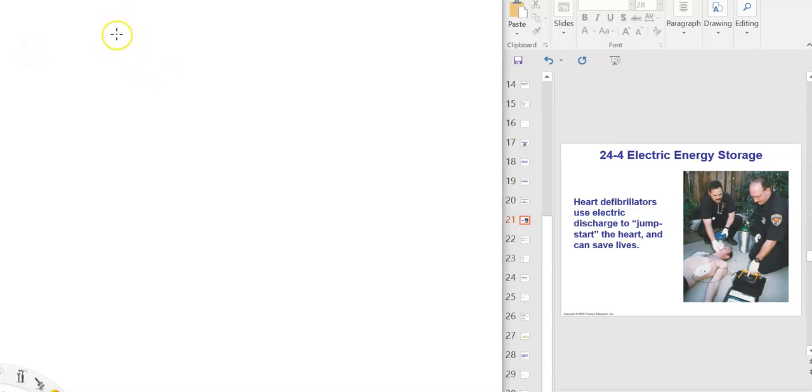The parallel plate capacitor, and to find the capacitance we use this equation: epsilon naught A over d, with A the plate area, d the plate separation, and epsilon naught the permittivity of free space. This is 8.85 times 10 to the negative 12. Now if there's nothing between the two plates, we say that's an air gap.